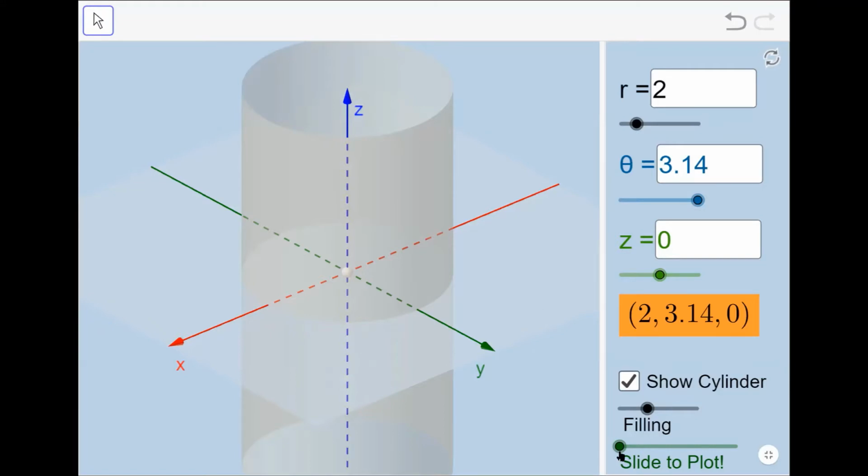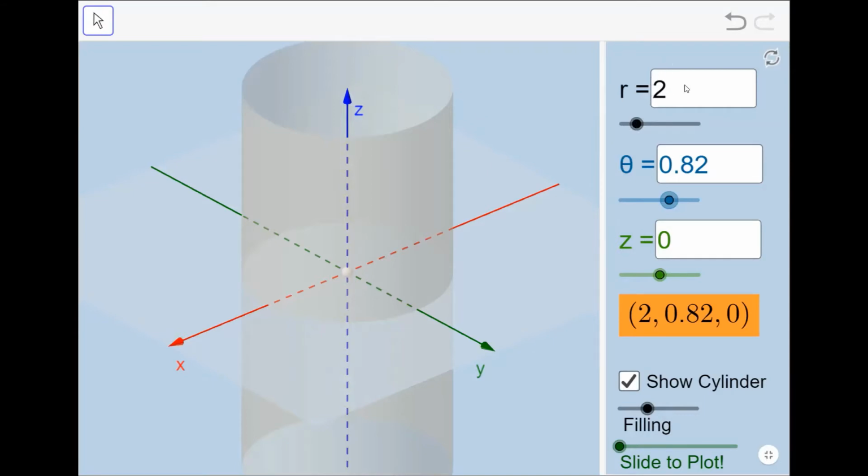Okay, so if we mark some point in the circle, here we consider a circle with the radius of this cylinder.